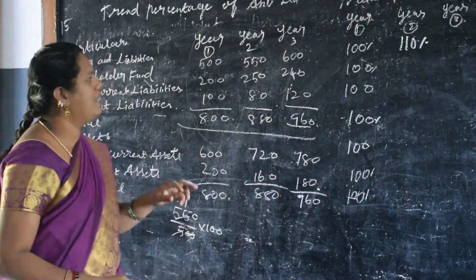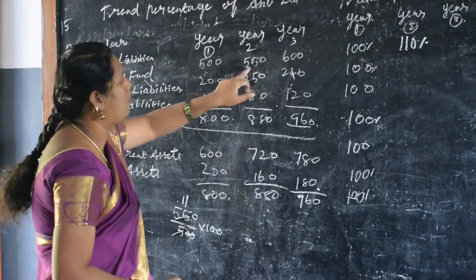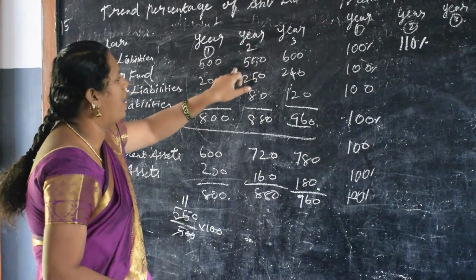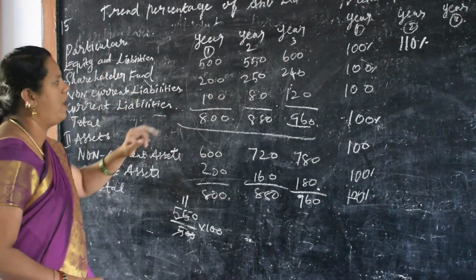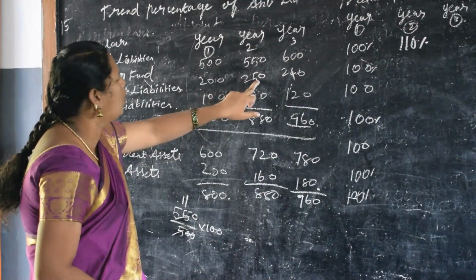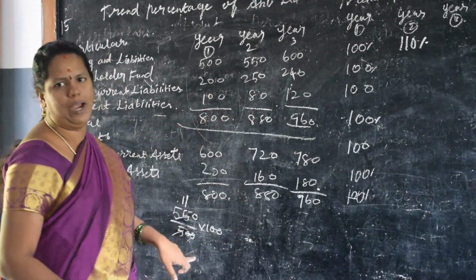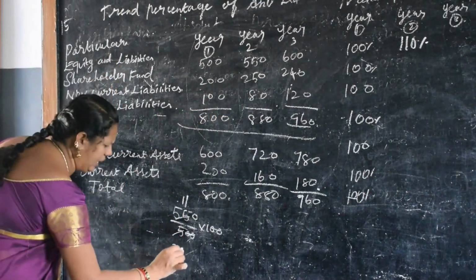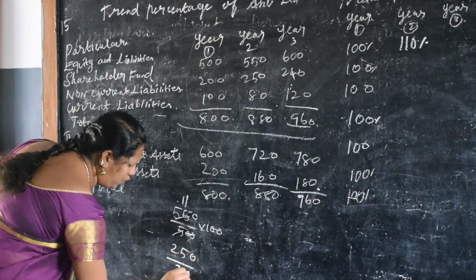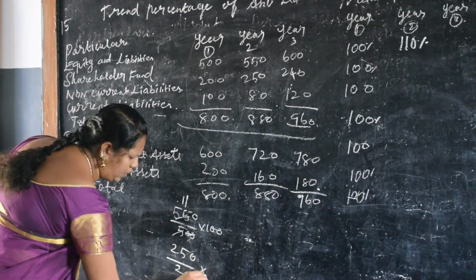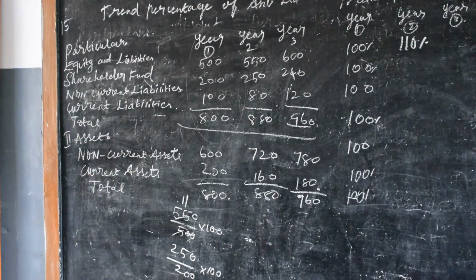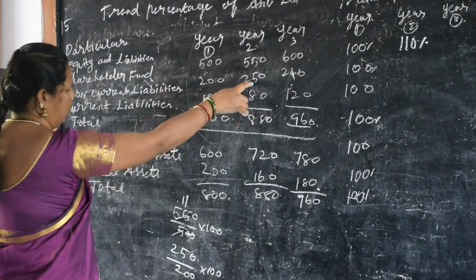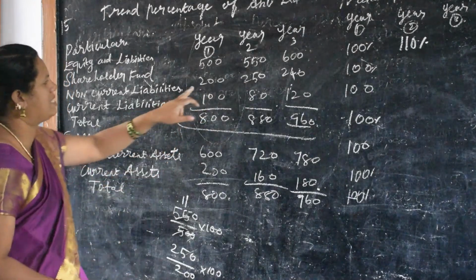Okay, clear? Listen, we are finding out for the second year. The second year 550 is the numerator and the base here is the 500. Next we are moving on to 250 by 200 into 100. Okay, clear? 250 by 200, this is the base here.